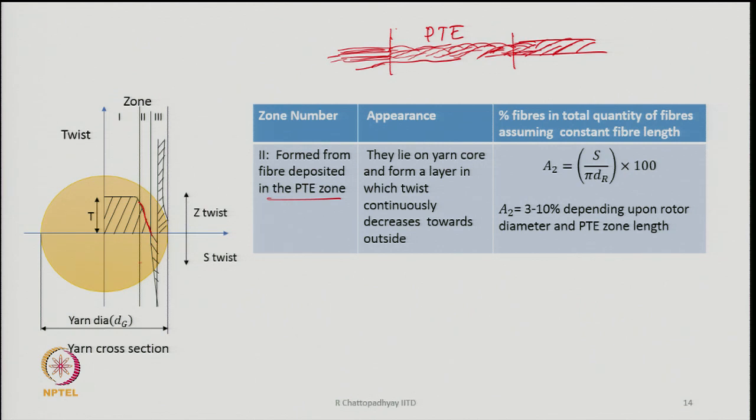Twist level is declining in those fibers which are in zone 2, and their number is basically 3 to 10%, and this gives you an estimation of the A2 type of fibers which are in zone 2, S by pi dr into 100, where S is the length of the PT zone. So, this is my S.